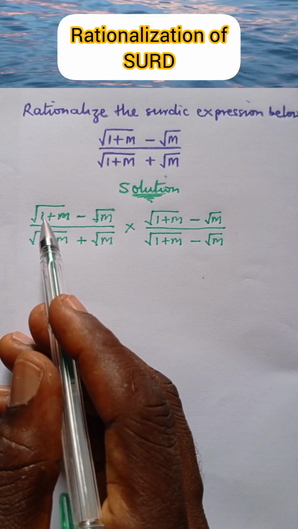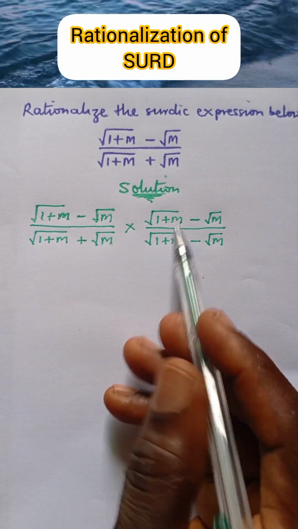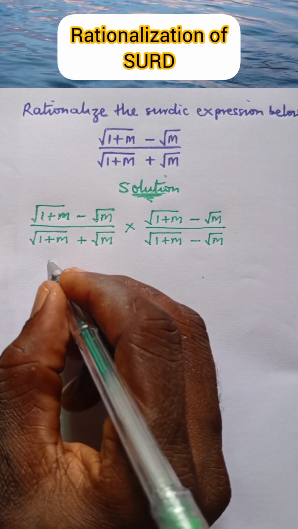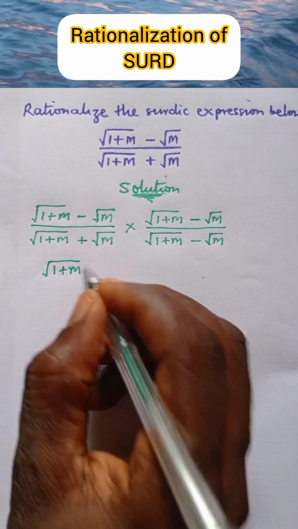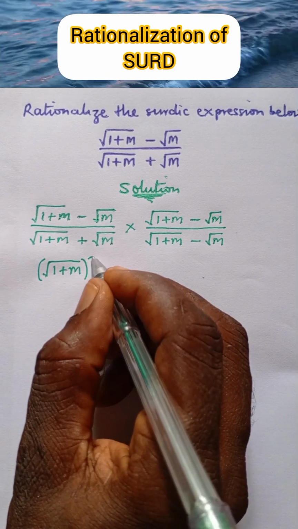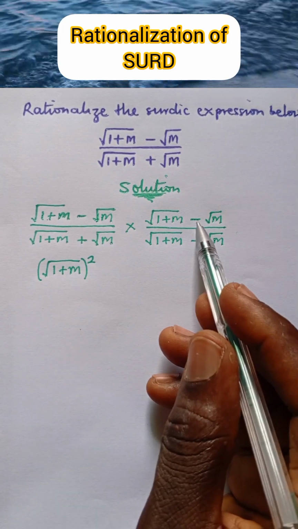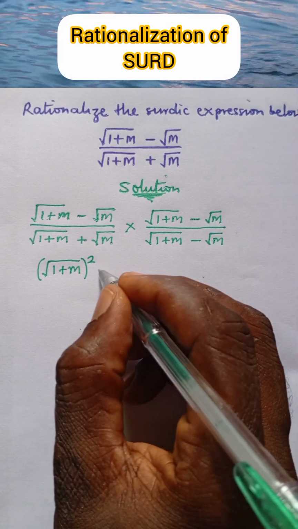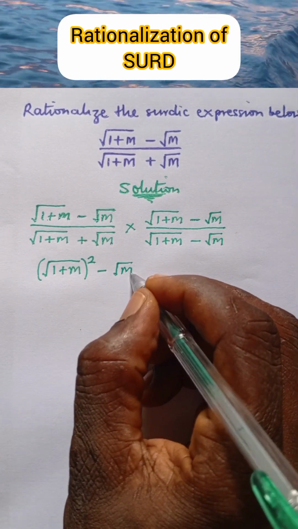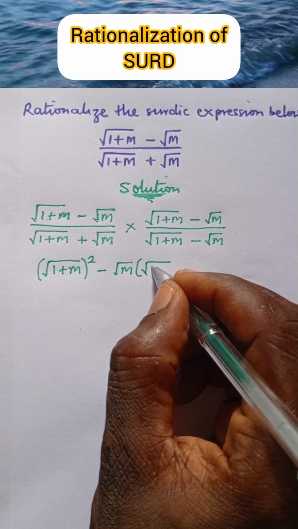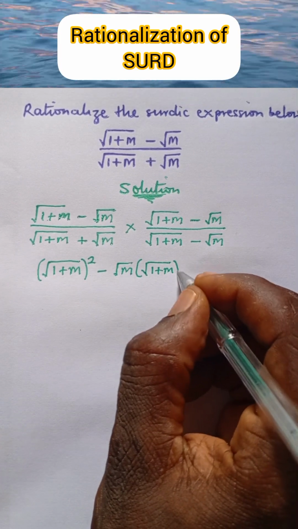So let's do that. Root 1 plus m multiplies root 1 plus m is equal to root 1 plus m square. Okay, root 1 plus m multiplies negative root m gives us negative root m, that is multiply root 1 plus m.